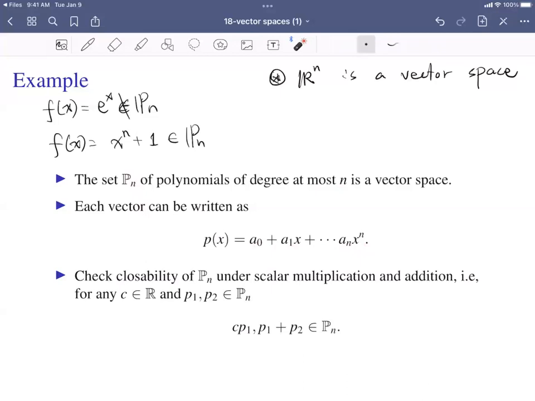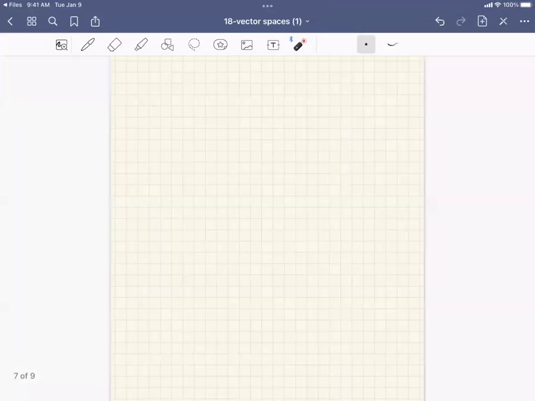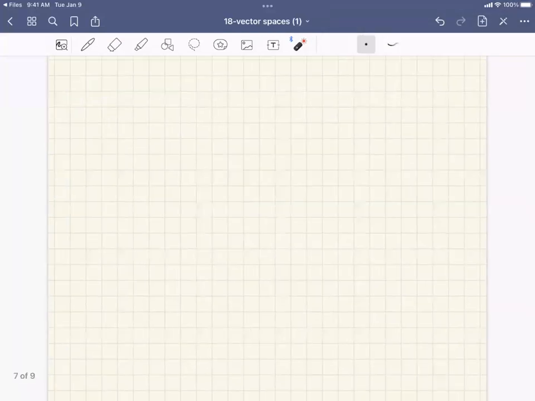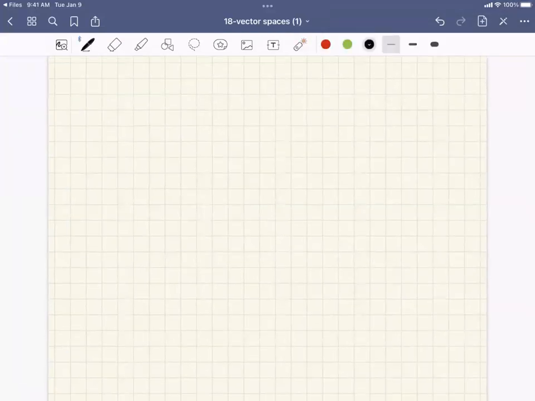Now, we claim that Pn is a vector space.